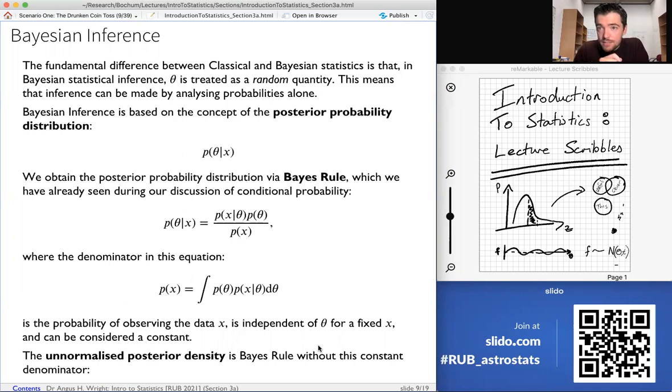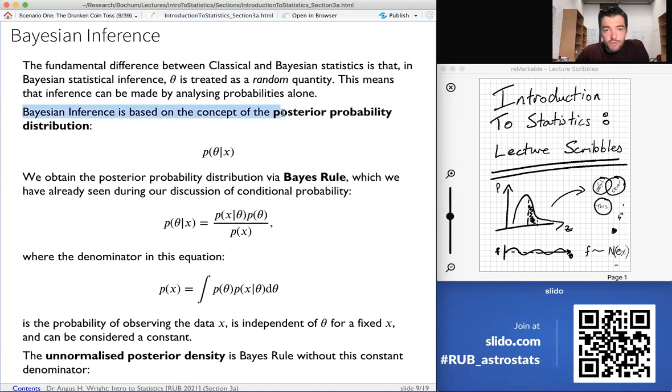The fundamental difference between Bayesian statistics and classical inference is that in Bayesian statistics, the model parameter theta is treated as a totally random quantity. What that means is that we can analyze the data set and the model using simple probability theory alone, without any other modifications.